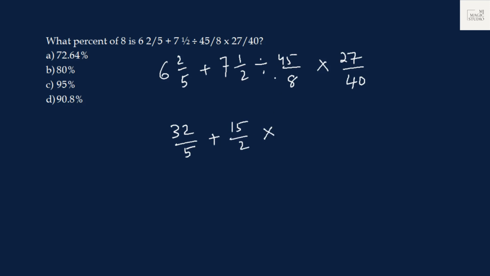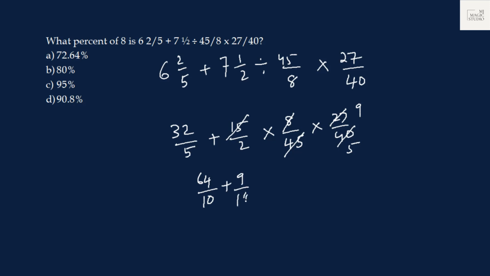According to BODMAS, first we will solve the division part, into 8 by 45 into 27 by 40. So this goes 3, and then this is 9, this goes 5. So this is 10. So let me make this 64 by 10 plus 9 by 10. That is 73 by 10, 7.3.